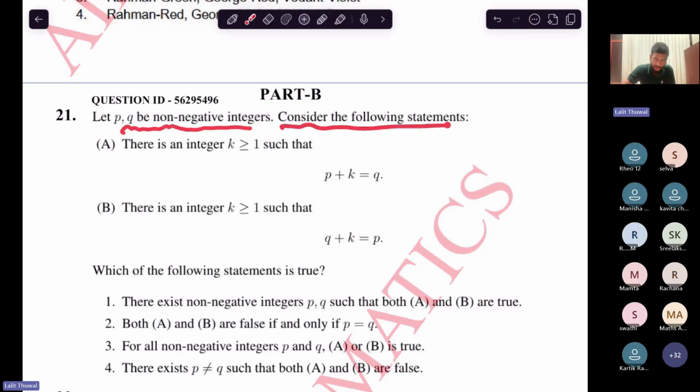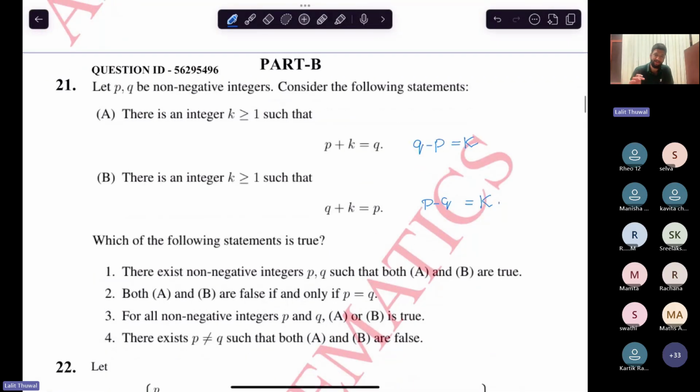Consider the following statements: there is an integer K greater than or equal to 1 such that P plus K equals Q, and there is an integer K greater than or equal to 1 such that Q plus K equals P. So the differences would be Q minus P equals K and P minus Q equals K. Now we have asked that P and Q are given non-negative integers, so does there exist an integer K satisfying this?